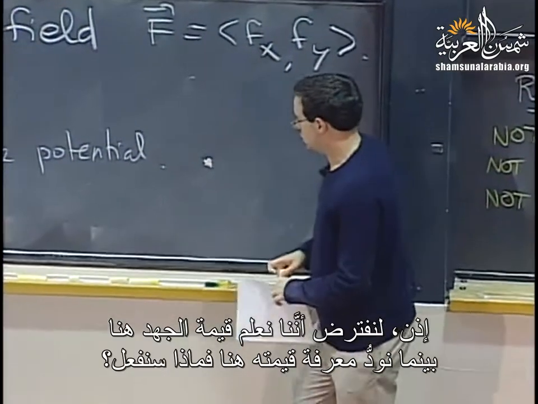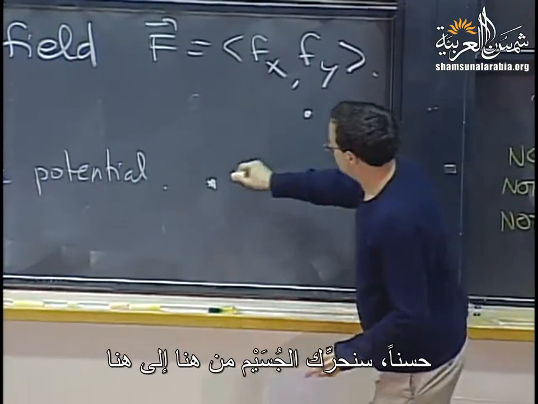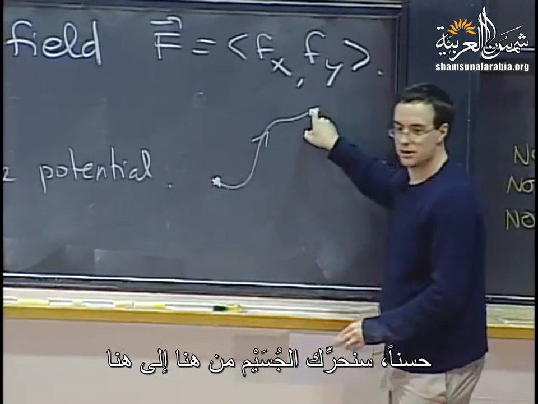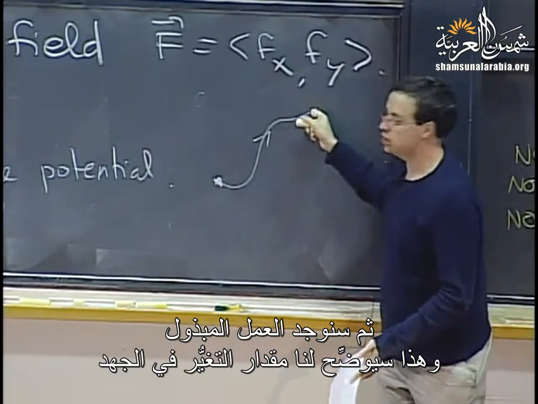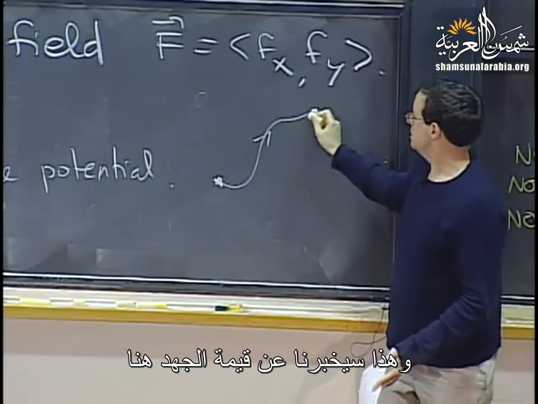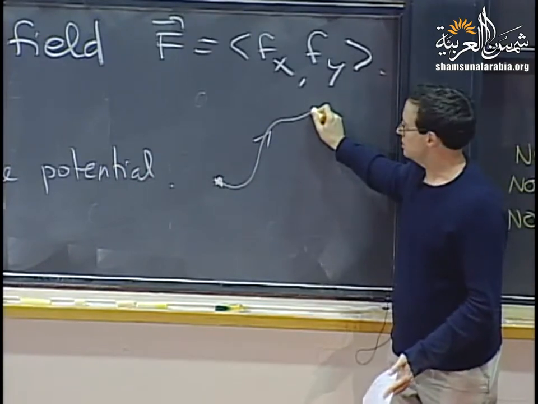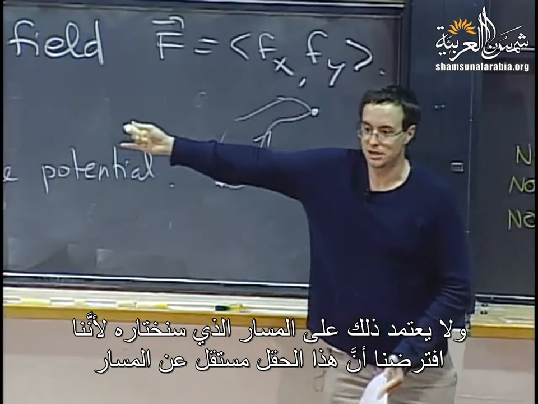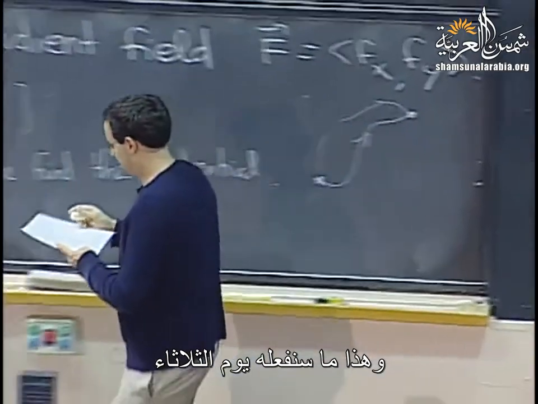So let's say I know my potential here, and I want to know my potential here. What do I do? I take my favorite particle, and I move it from here to here, and I look at the work done. And that tells me how much the potential has changed. So that tells me what the potential should be here. And this does not depend on my choice of path because I've assumed that I'm path independent. So that's what we will do on Tuesday.